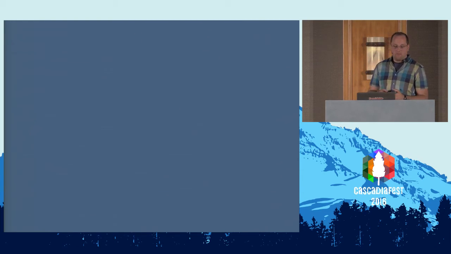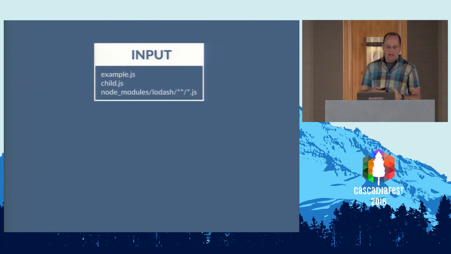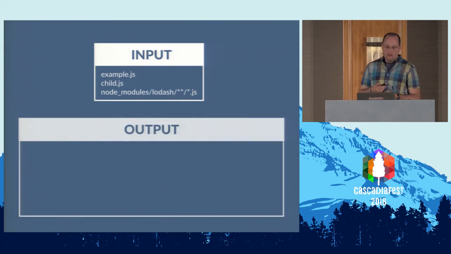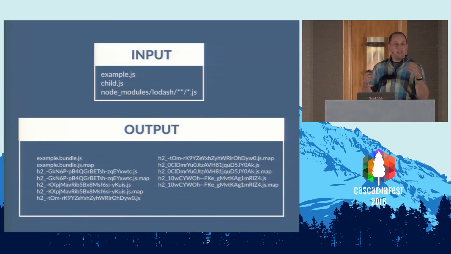So just wrapping up here, take, for example, a very small application consisting of a single entry point. It'll also have a child module, and it'll pull in Lodash just for a third-party dependency. The output would include, and I'm sorry this is going to be very small on the screen, a single entry point bundle and its source map, a ton of individual files, all mapping to an input file, with file names guaranteed to represent unique behavior, which helps immensely with caching.